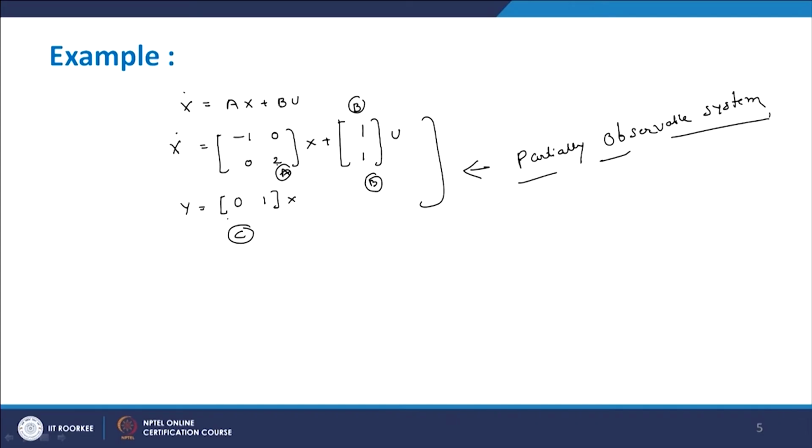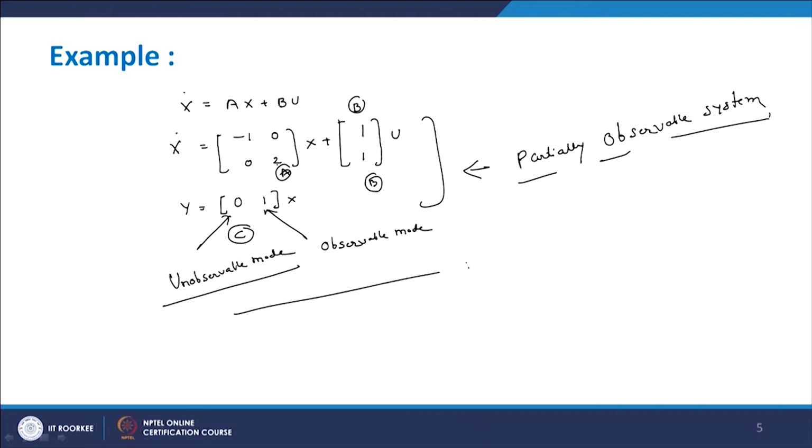This 0 shows that it is an unobservable mode, whereas this 1 indicates an observable mode. Therefore, in real practice we can consider this type of system also.